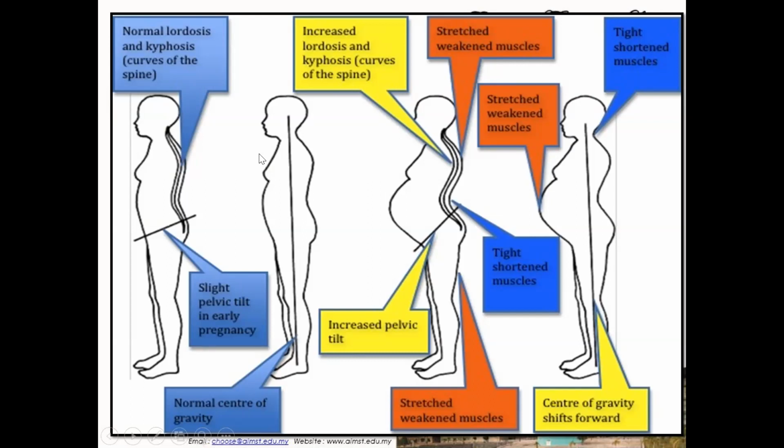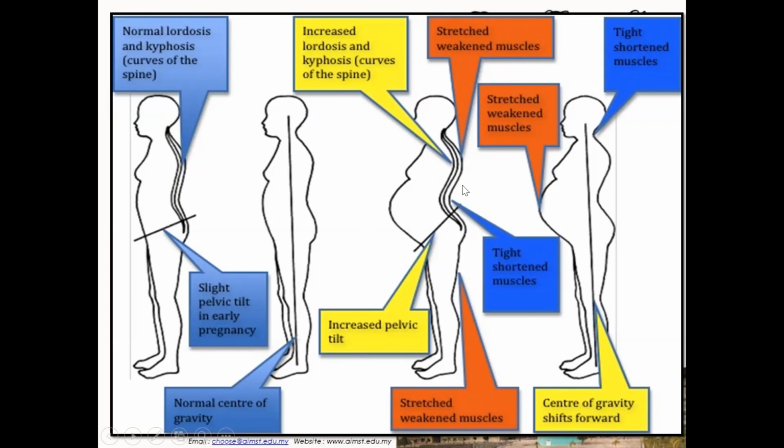But in pregnant mother, you can just see here, they will be having increased lordosis and kyphosis because the abdomen will be just pulling the spine forward. As the abdomen is pulling the spine forward, there will be increase in the lordosis. So to compensate this increase in the lordosis, the mother will have increase in the kyphosis.